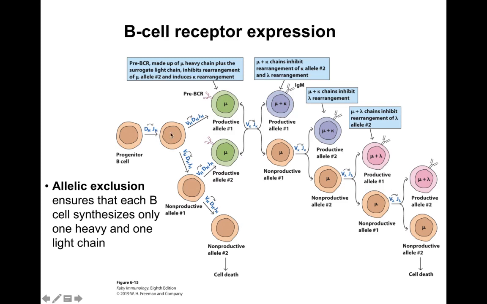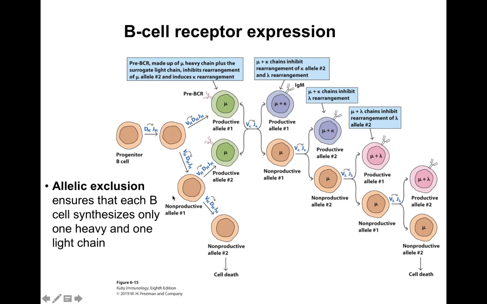If that recombination proceeds, it'll then go from the V to D, and then you'll get a heavy chain that's brought to the surface of that cell with a surrogate light chain, if it's a productive allele. If it's productive, it means that it makes the heavy chain and it goes to the surface and it has all the parts of it that are needed.